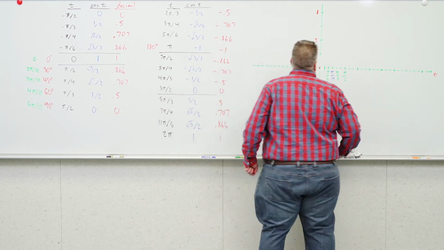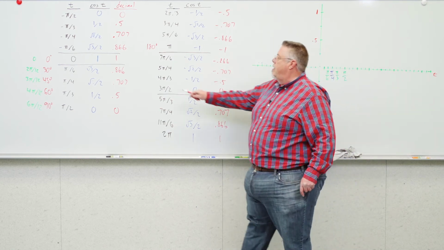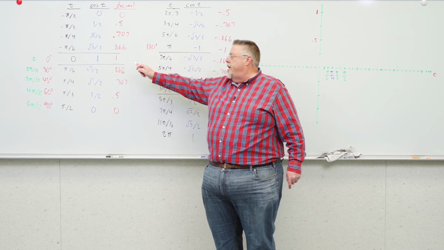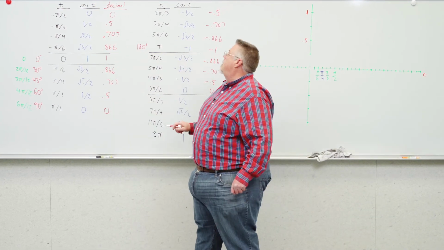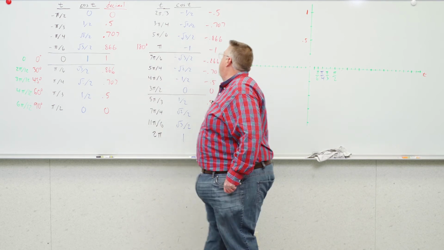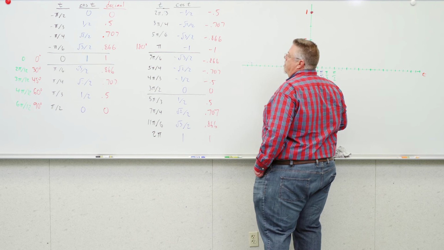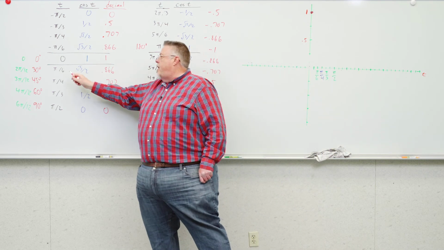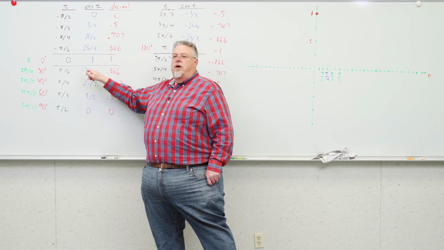Let me get some dots on the graph here. I'm going to start here and put in that when t is 0, cosine of t is 1. That's up here. Then when t is pi over 6, cosine of t is root 3 over 2.